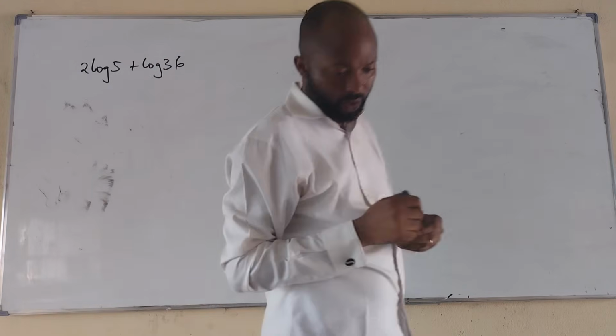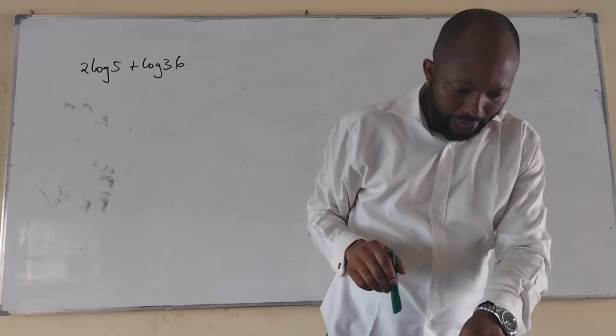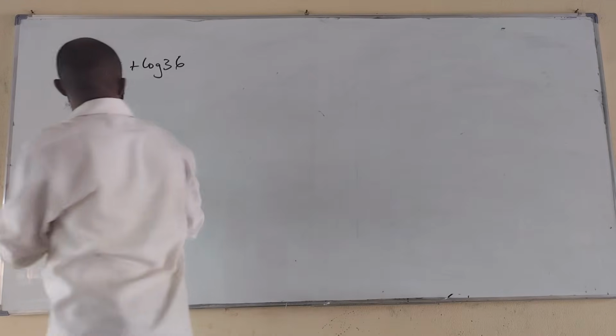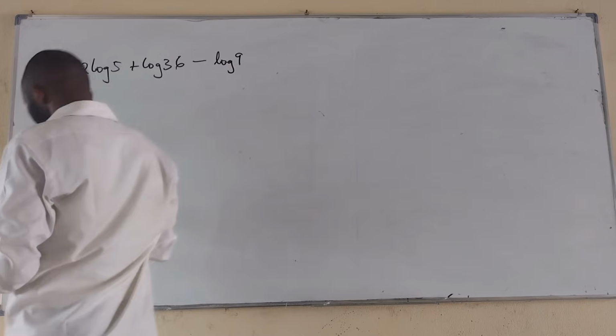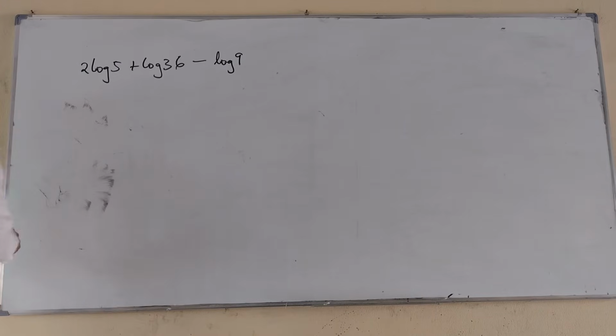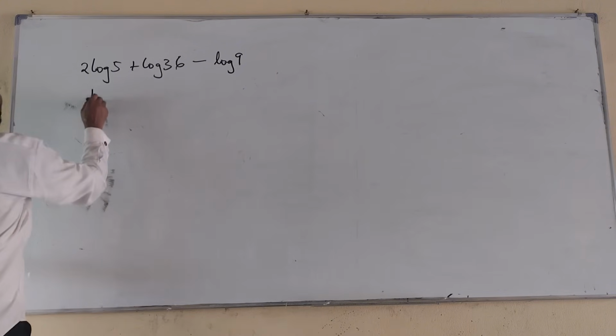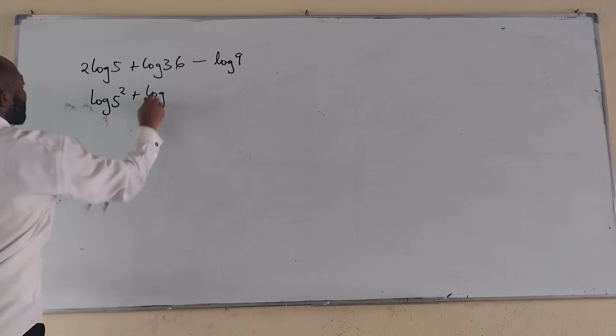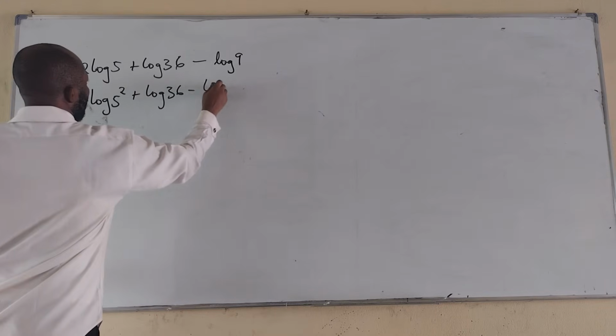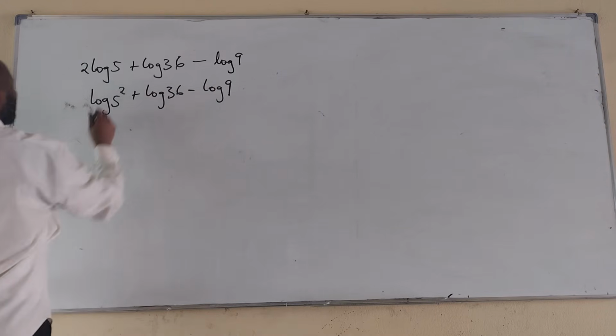Minus log 9. So we want to evaluate this. We apply our laws as usual. So this is log 5 raised to the power 2 plus log 36 minus log 9. This is 25.